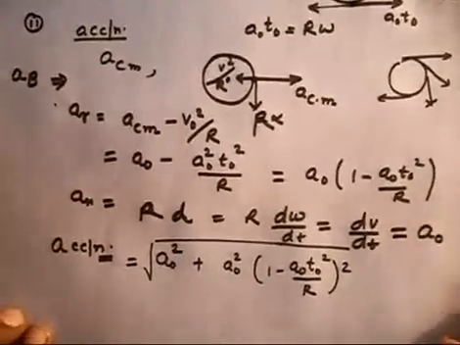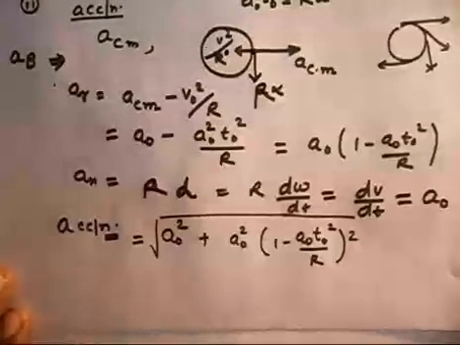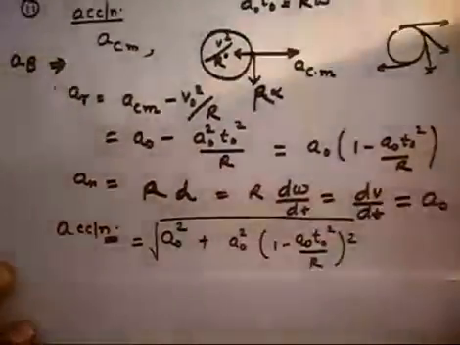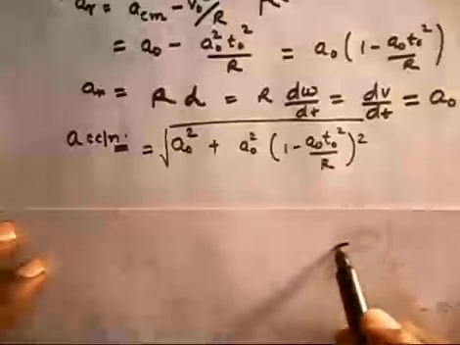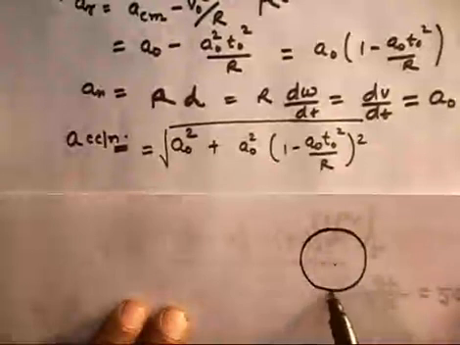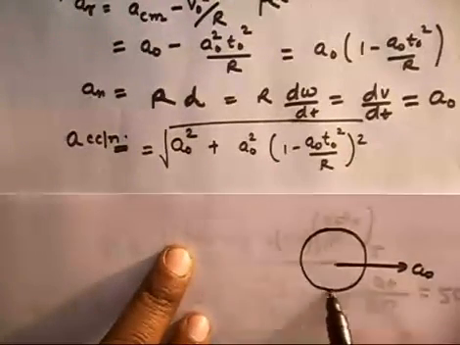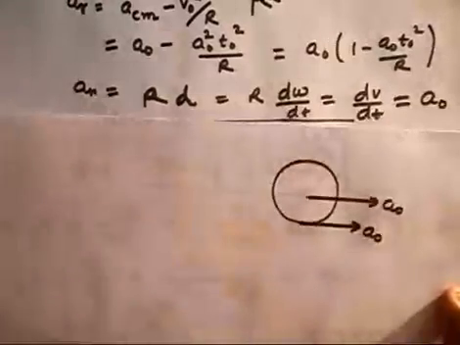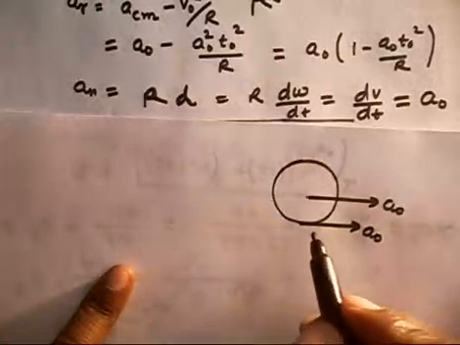Let us calculate the total acceleration at this point. So let me take the next page. Let us calculate at this bottom point. I will have one acceleration a naught here, also a naught. Now r alpha is nothing but dv by dt, and dv by dt is a naught, because this is a pure rolling case.